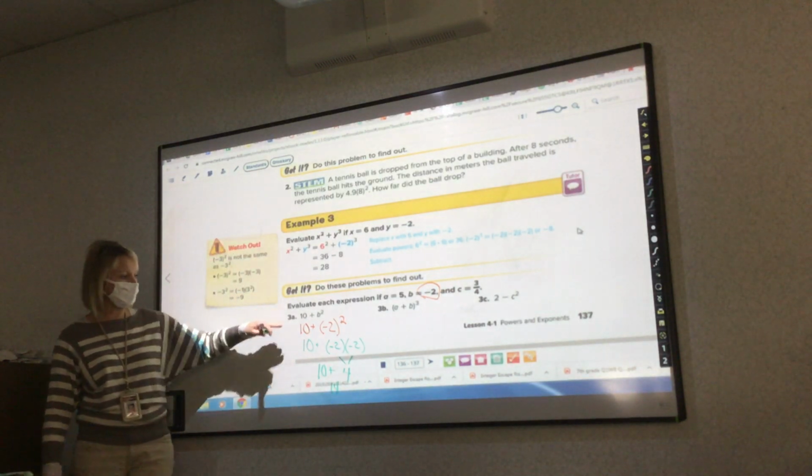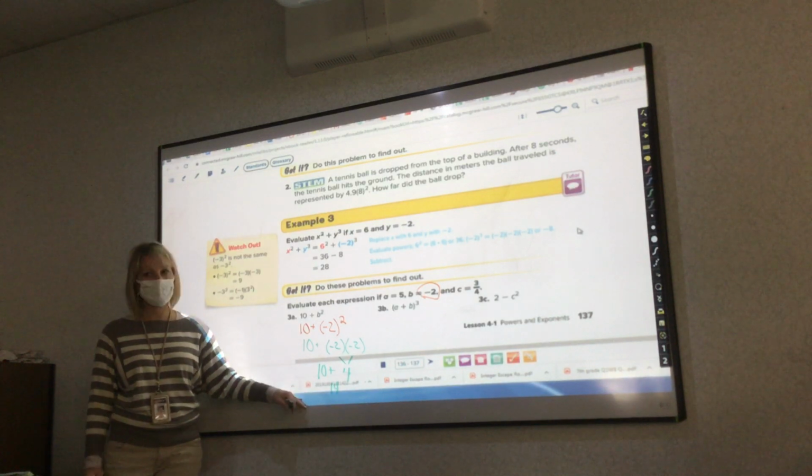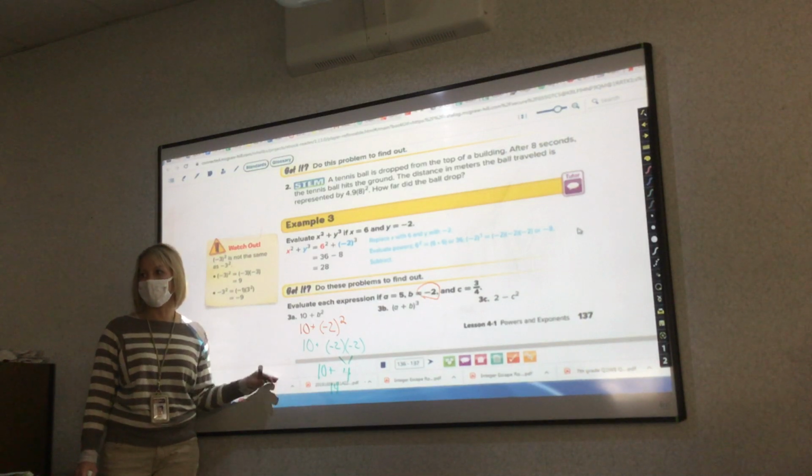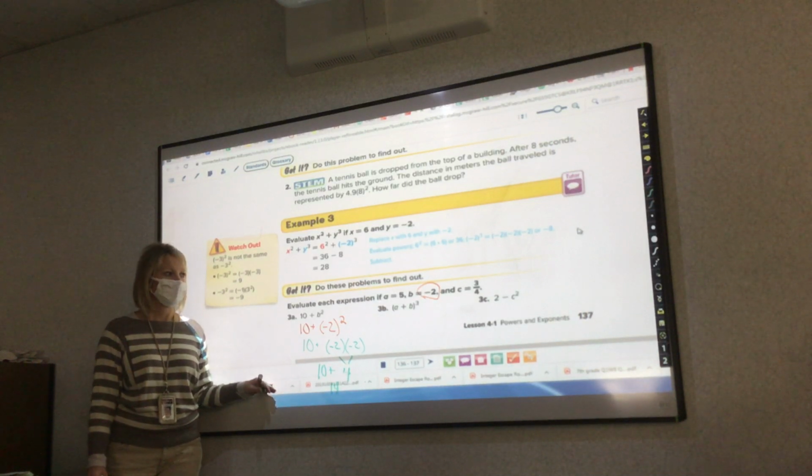You had to have 1, 2, 3, 4, 5 lines. It does not take that much extra time to write it, because that way you are not going to make a mistake. Try 3B.